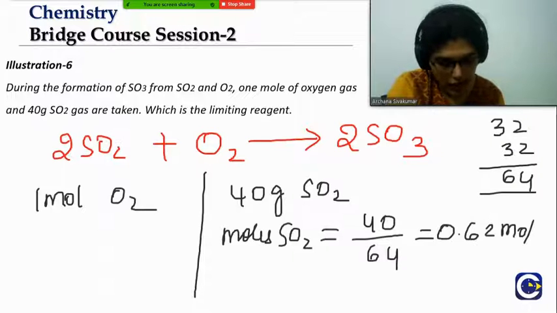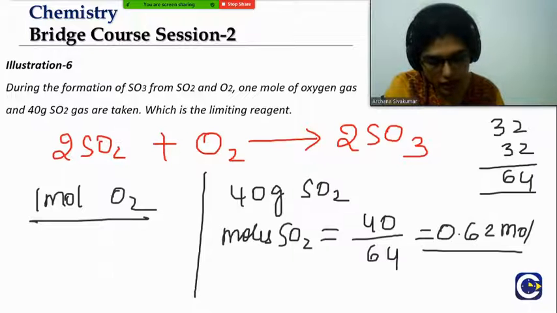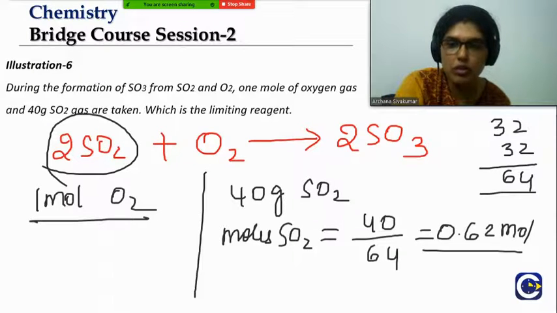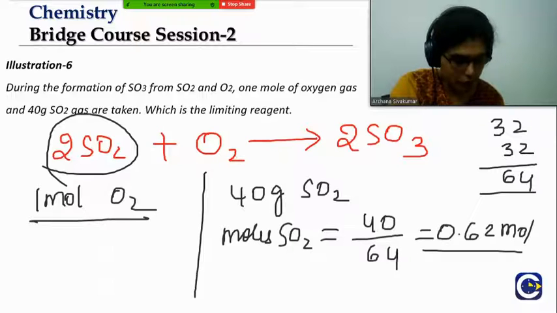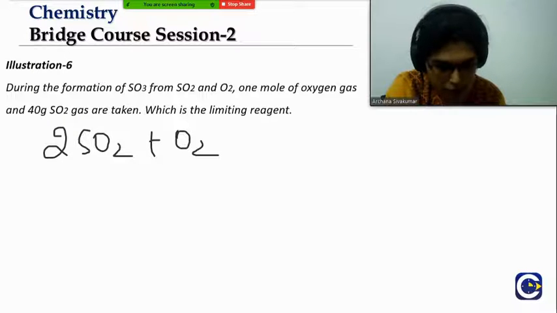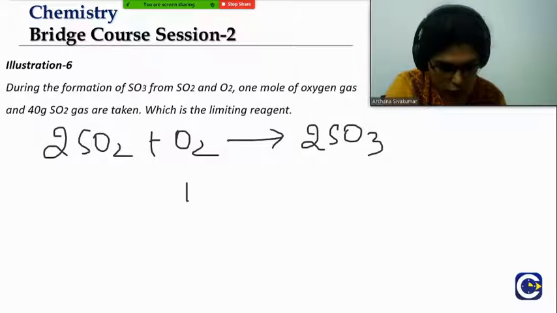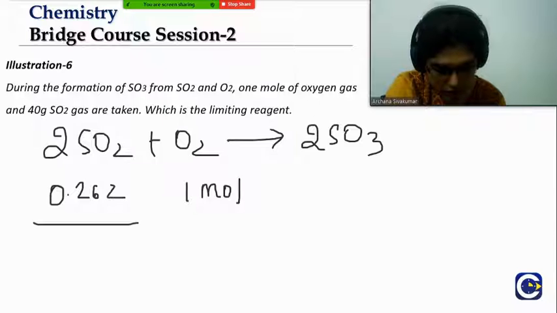So I have 1 mole of oxygen and 0.62 moles of SO2. Technically in the reaction, I need 2 moles of SO2 and 1 mole of O2, that is a 2:1 ratio. So we have 2SO2 plus O2 giving rise to 2SO3, with 1 mole of oxygen present and 0.62 mole of SO2 present. How do I find out?